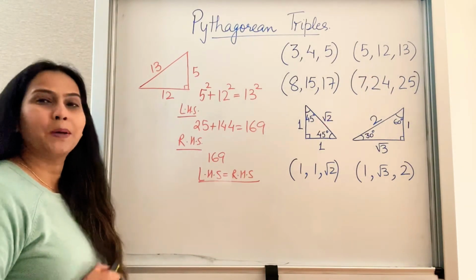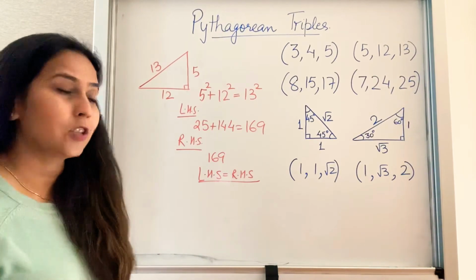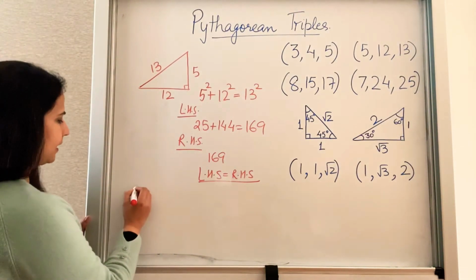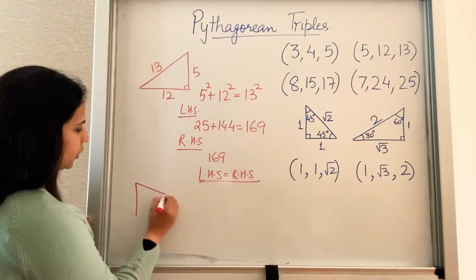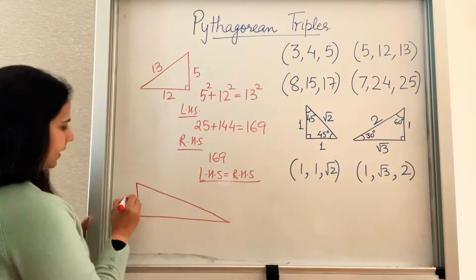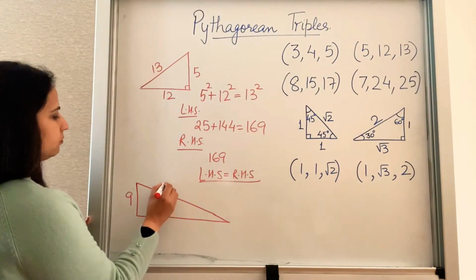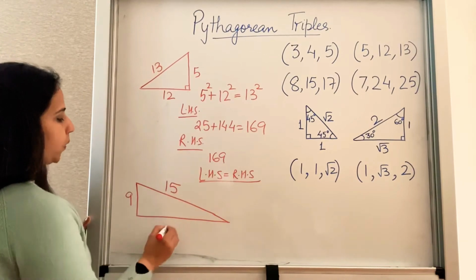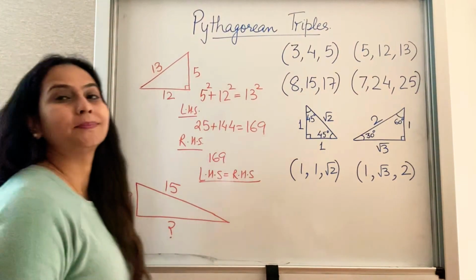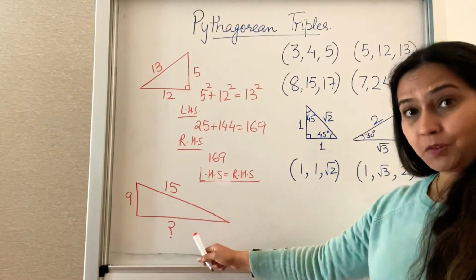And what's the purpose of learning Pythagorean triplets today? Because sometimes in your calculation, for example, let's take this example. There is a triangle given to you. Say this is 9 units and this is 15, and we want to find what this is.